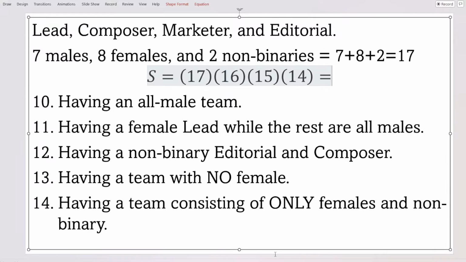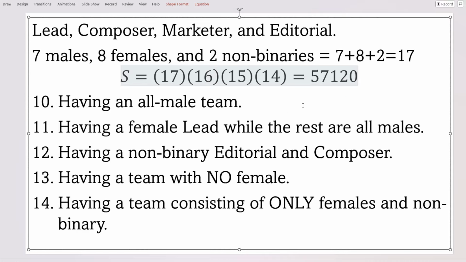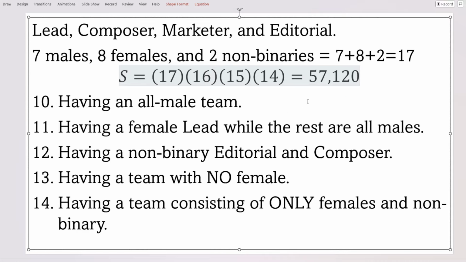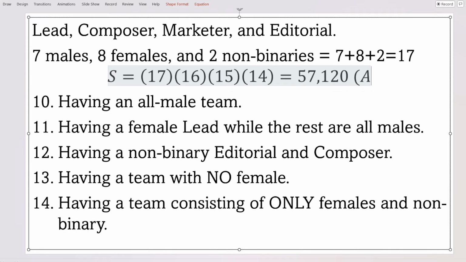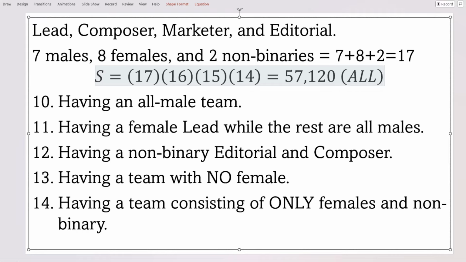Okay, so the number of choices that we can have here is, okay, 17 times 16 times 15 times 14. So the answer there is 57,120. Okay, this is all your possible outcomes. Okay, so we move on to the items here.